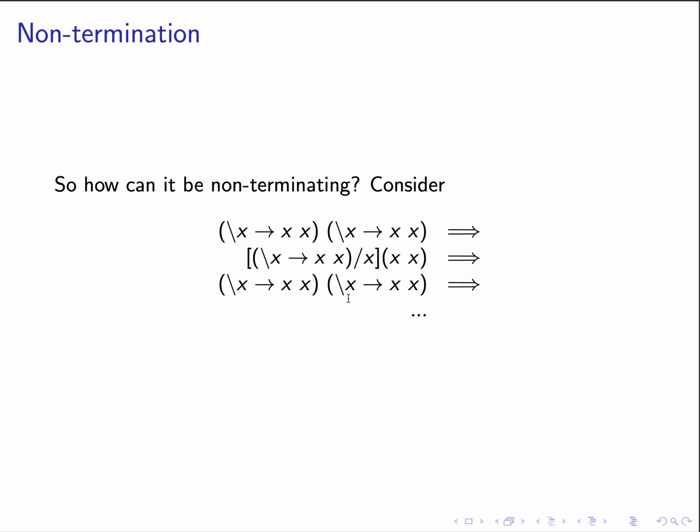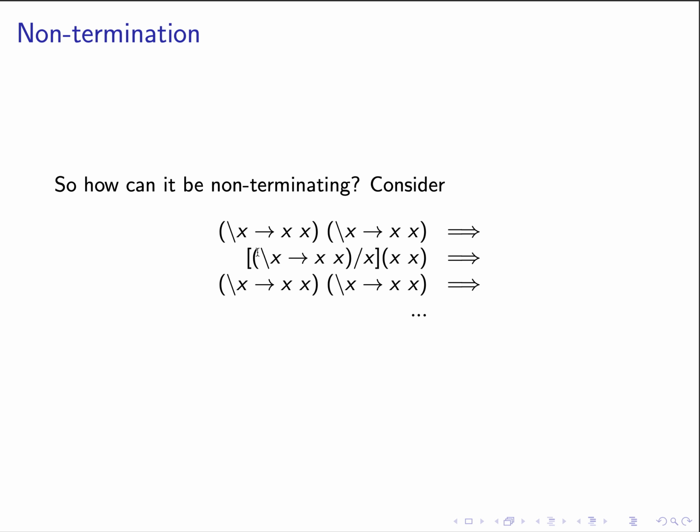Then let's talk about non-termination. In the second note we mentioned that they produce the same result if the programs terminate. But you may argue, how can a lambda program be non-terminating? In fact, there are programs that can be expressed in lambda calculus that are non-terminating.